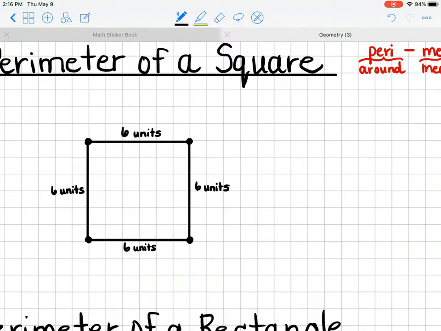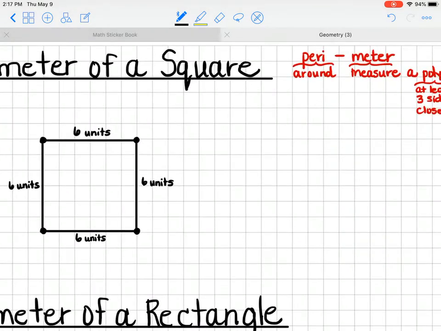I could add that up on my fingers or on a calculator. But my job is to teach you the formula that goes with this perimeter. And this is what it looks like. Capital P means perimeter. P equals 4S.